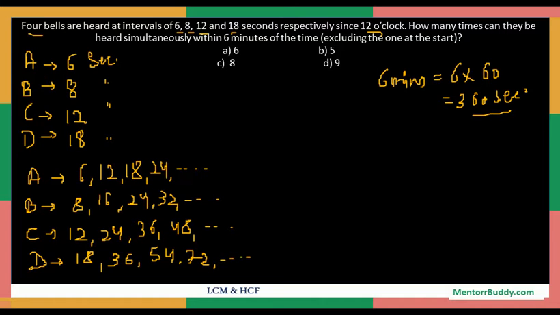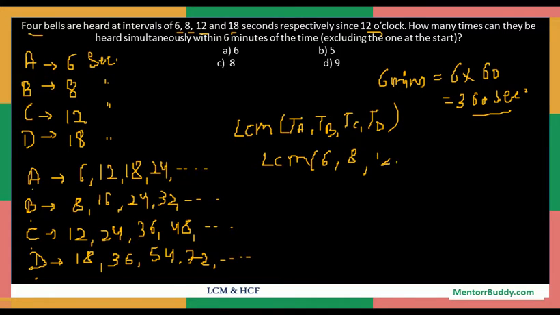So what I'm basically doing is writing the multiples of A, B, C, D, that is 6, 8, 12 and 18. The very first common time will be the LCM of the time taken by A, B, C and D. So the LCM of 6, 8, 12 and 18. We can see there must be some prime factors common, so we have to figure out the LCM for the same.